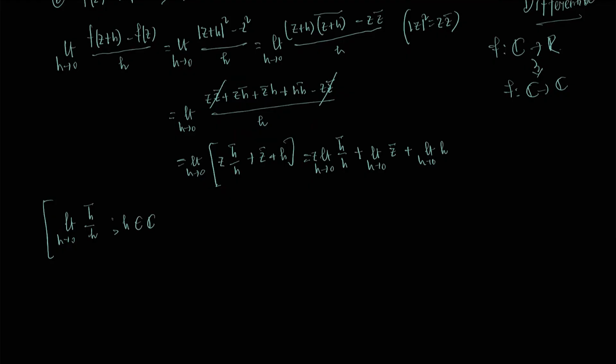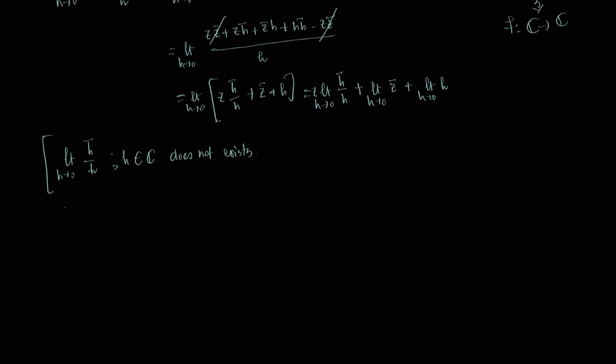Clear? So what happens now if we want to find it out? See, this limit does not exist. This we already know. Why? Because if we break it up, let's say h is nothing but h1 plus i h2. Let's just assume this is a complex number.